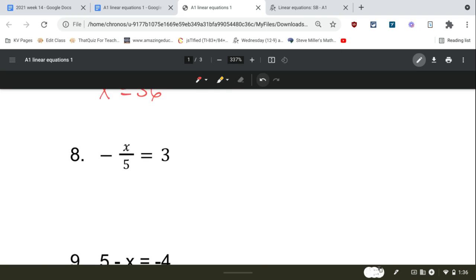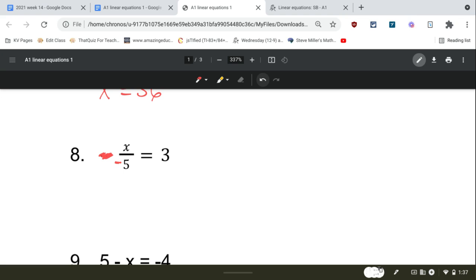Okay, number 8. So what you can do is take that negative and just think of that negative down here in the denominator. I'm choosing where to put that negative. So I've really got x over negative 5, or x divided by negative 5 is equal to 3.